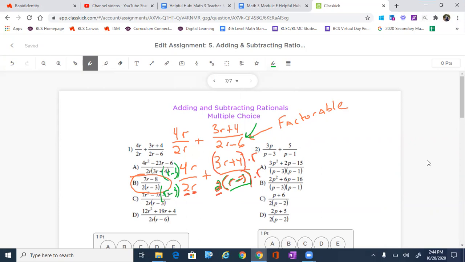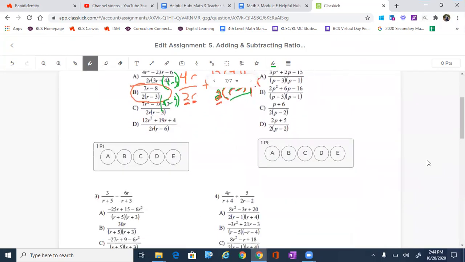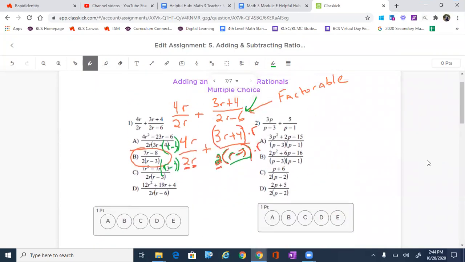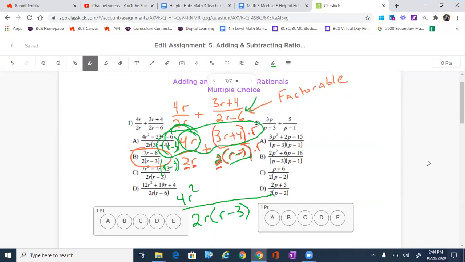At this point, we have got a common denominator, which is beautiful. I love it. It is 2r and r minus 3. Now, we have to work with the numerator. So 4r, I'm going to distribute that in, which gives us 4r times r, which is 4r squared, minus 3.